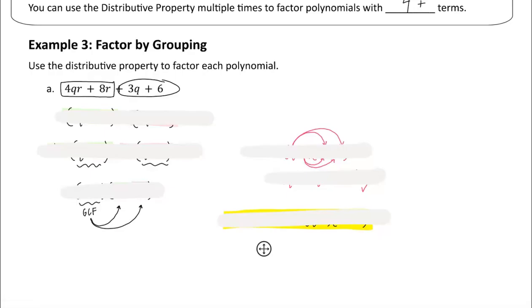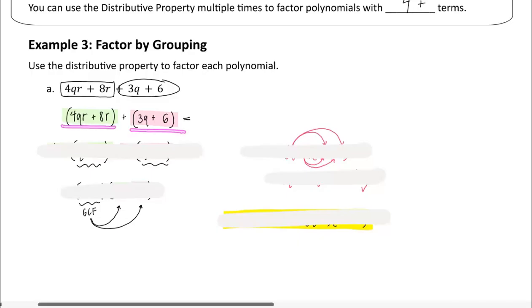Now, when you pick your groups, it might not always work out the first time. Most of the time, you're fine. It's not going to be anything too complex, but just note that sometimes you might have to go back and redo your groups if they don't work out the first time. So what I would recommend is to split up your groups with each a different color. Make sure you put a plus sign between your 2 groups.